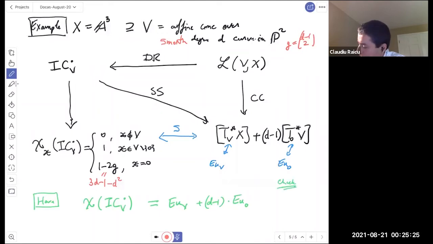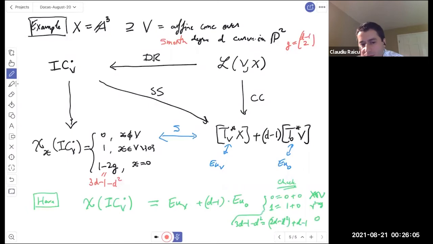Okay, and then you could check this. On X minus V, nothing is going on. On the regular locus of V, likewise. And then at 0, you get maybe a more interesting identity, which is just that 3d minus 1 minus d squared is 2d minus d squared plus d minus 1.